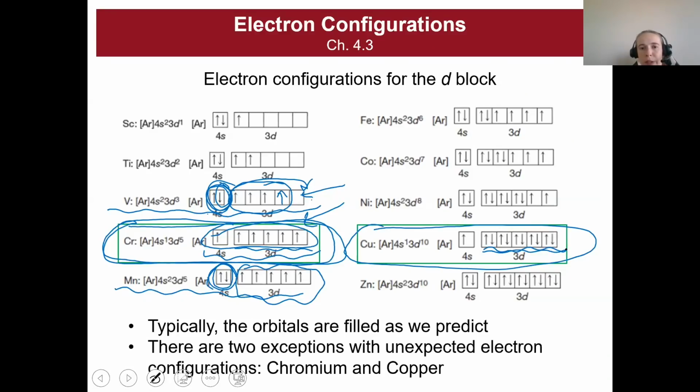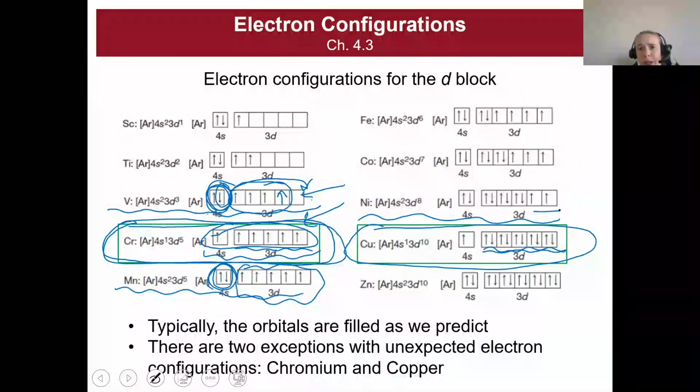So nickel, which comes before copper, has 2 unpaired electrons in its 3d subshell, and we could easily put another one over here and have 1 unpaired electron in the 3d subshell for copper.